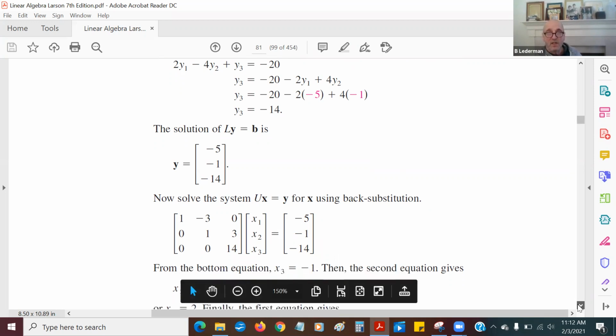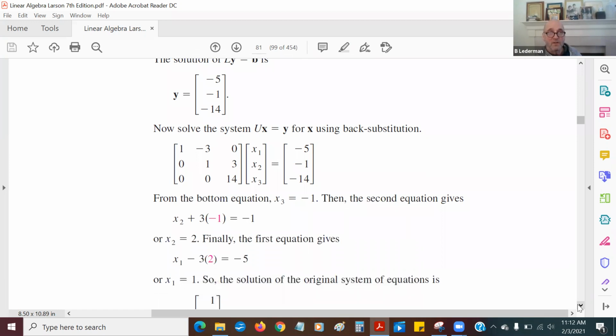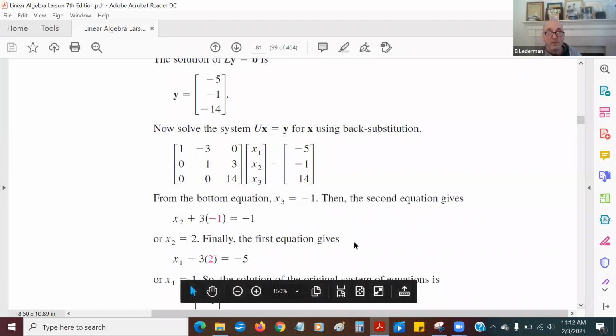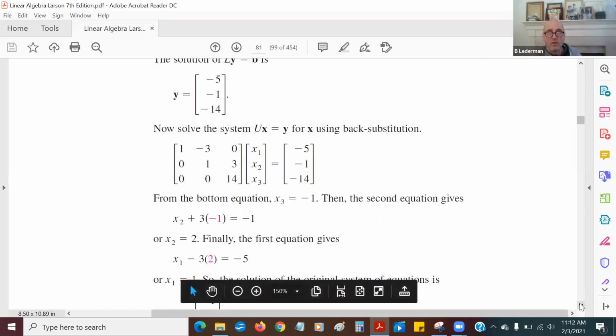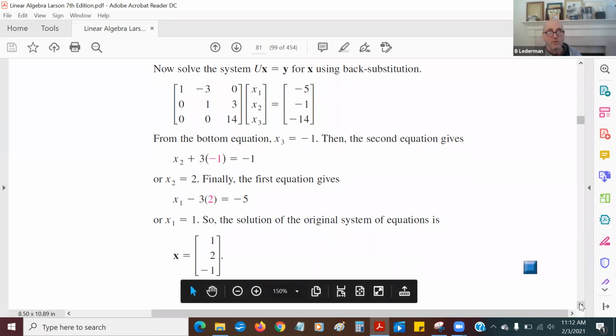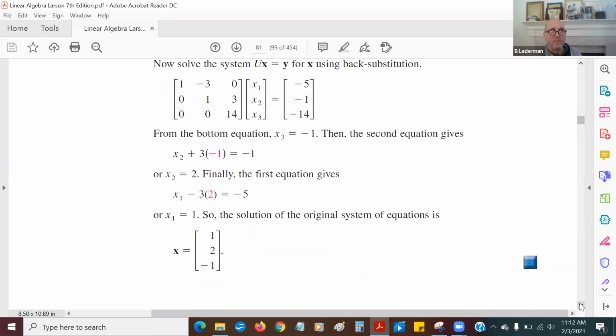So that tells me that x2 is going to be equal to 2. Again, it comes out very simple, very quickly. And once I know x3 and x2, I can easily solve for x1. I get x1 minus 6 equals -5, which is to say x1 is equal to positive 1.